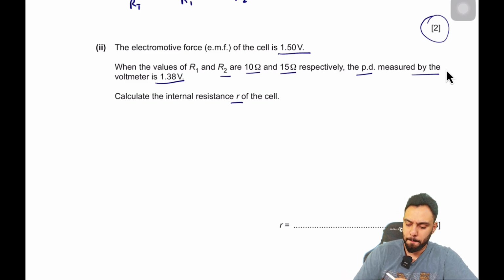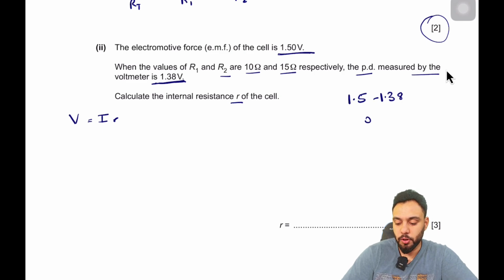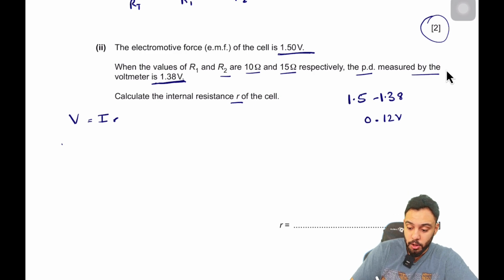Okay, that's pretty good. V equals IR. If you look at the EMF and the terminal potential difference, that's 1.38, so the battery is itself consuming 0.12 volts. So 0.12 is going to be equal to I times r, and the current is what we do not have.